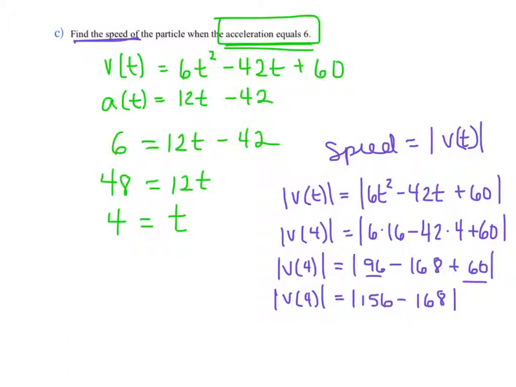Remember, of course, this is the absolute value. That would give me an answer of negative 12 inside there. But since it's absolute value, I would have to say that the speed would be positive 12. And again, they didn't give me a unit of measure, so I'm just going to say the speed is 12.